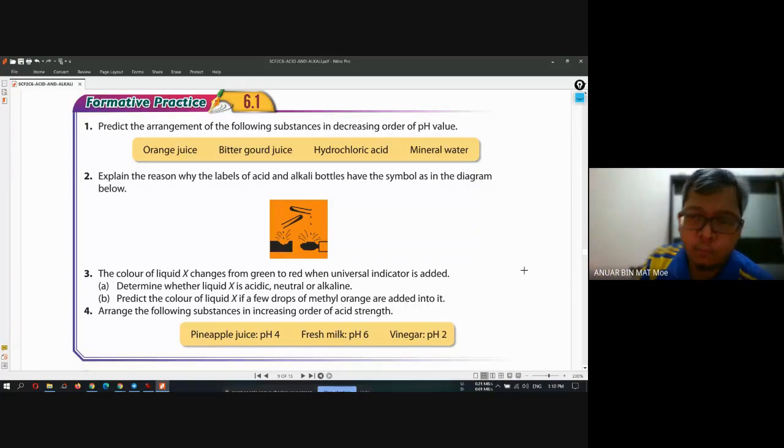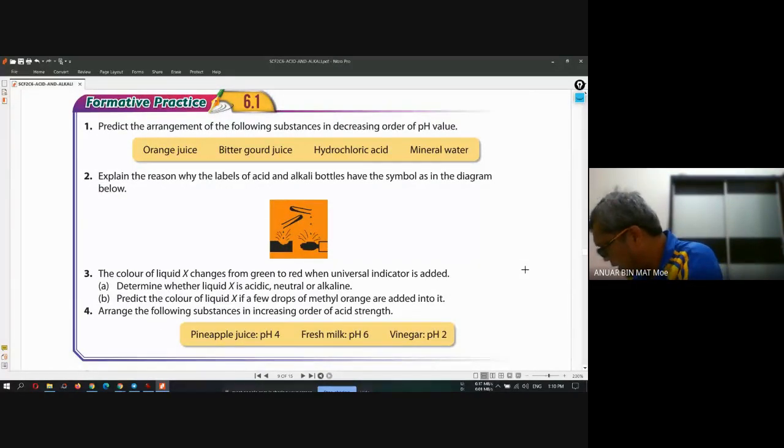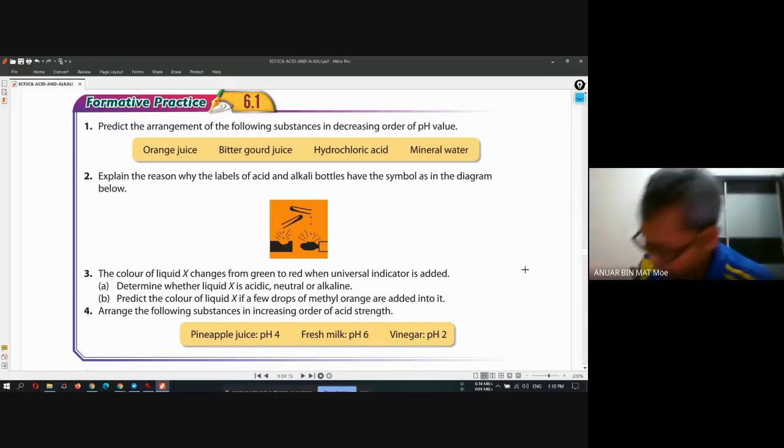Your textbook, formative practice 6.1, page 132. And on your workbook, page 65, 66, 67, and 69 only.